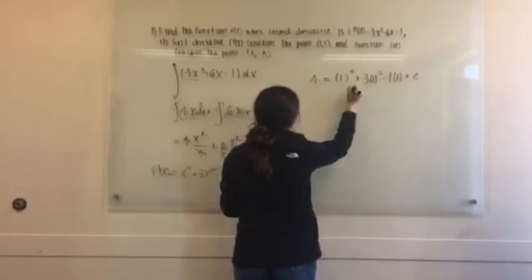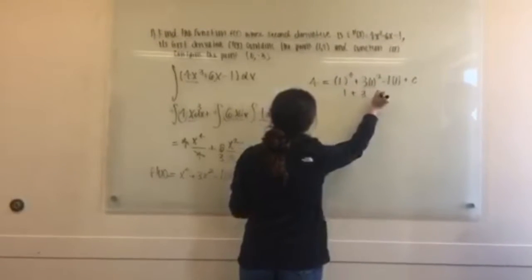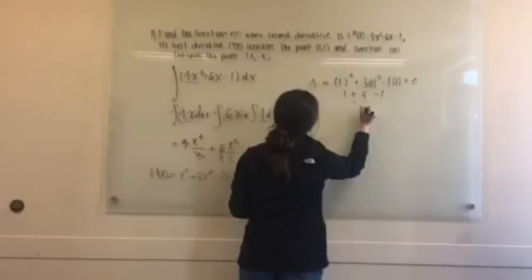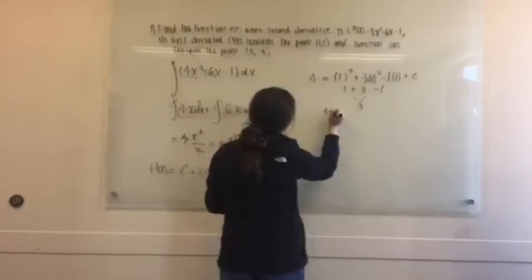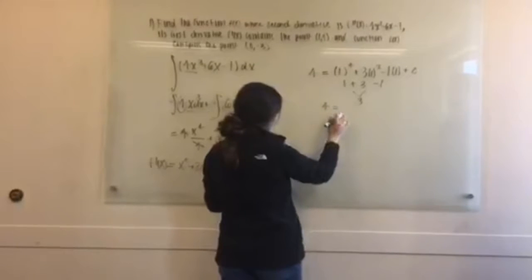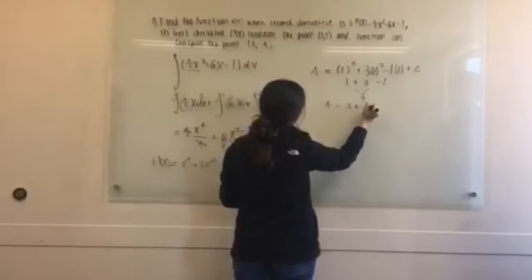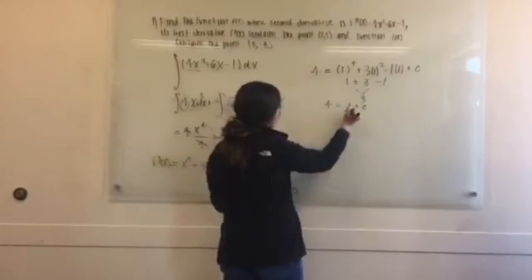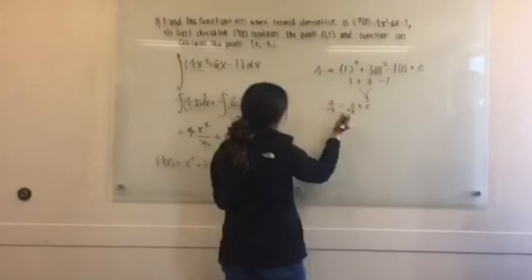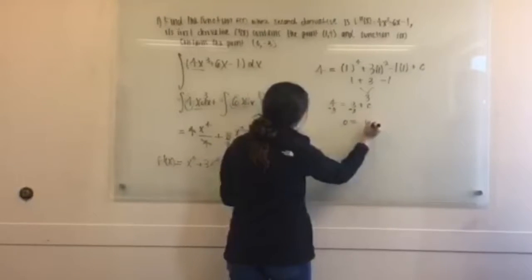So this will give you 1 plus 3 minus 1, which results in 3. So you're left with 4 equals 3 plus c. Basic algebra, solve for c. Minus 3, minus 3. c is equal to 1.